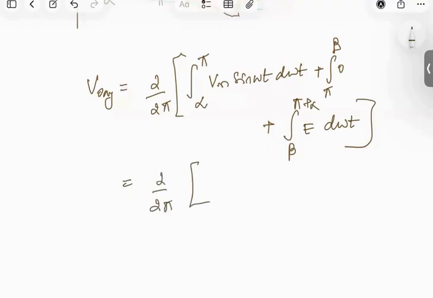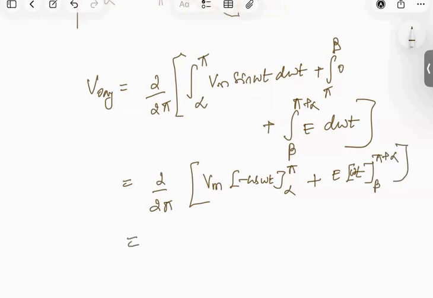Which will be equal to 2 by 2 pi integration of Vm sin omega t. The integral of sin omega t is minus cos omega t, with limits varying from alpha to pi. Then we will have the integration of d omega t, which will be omega t, with limits varying from beta to pi plus alpha.